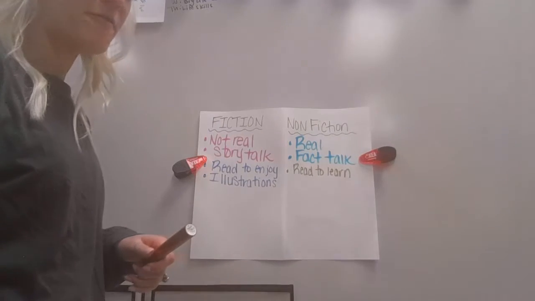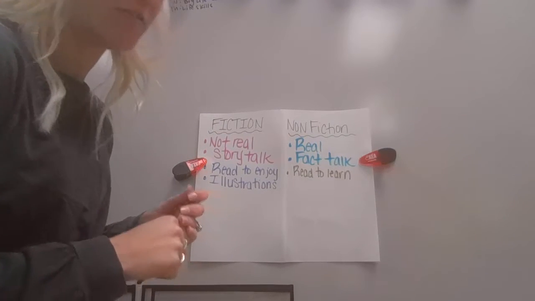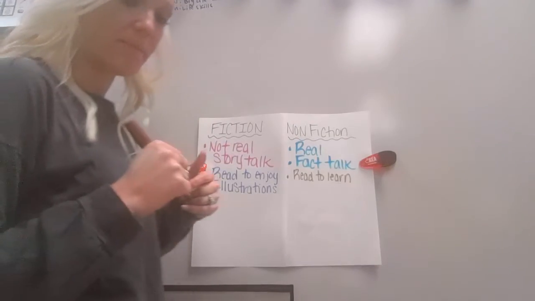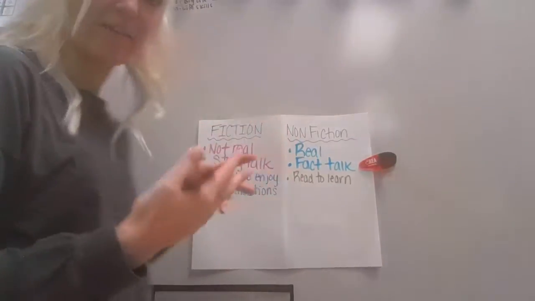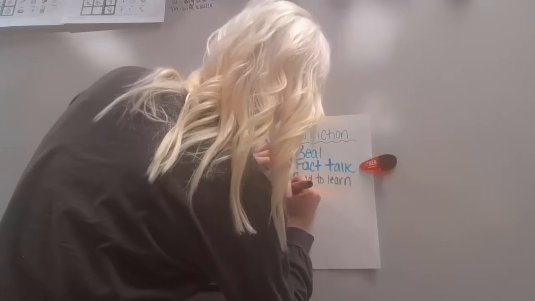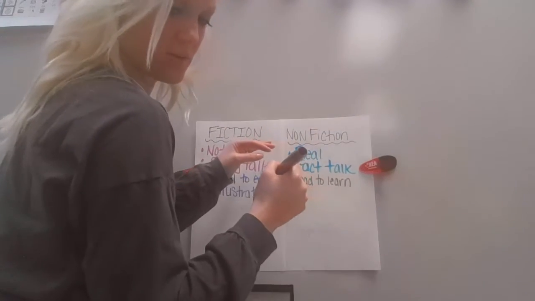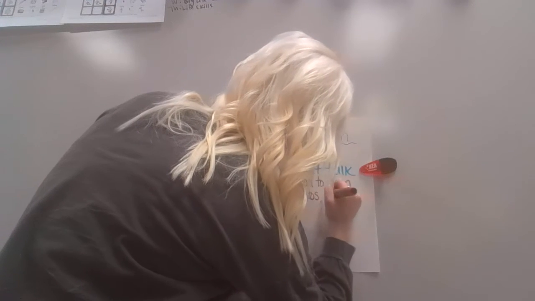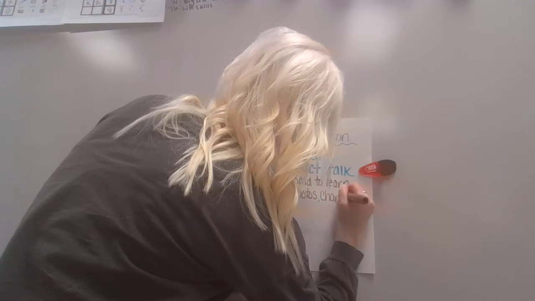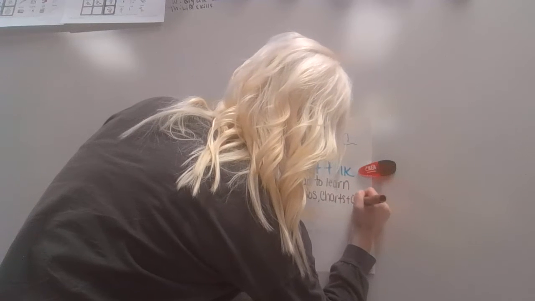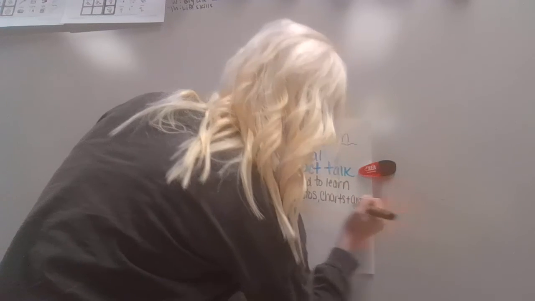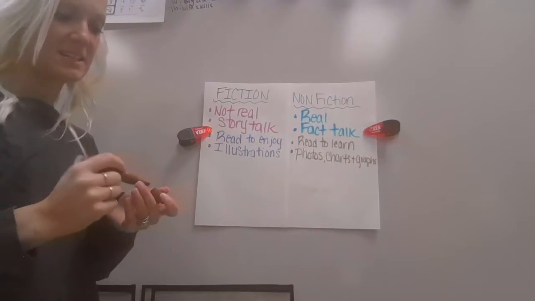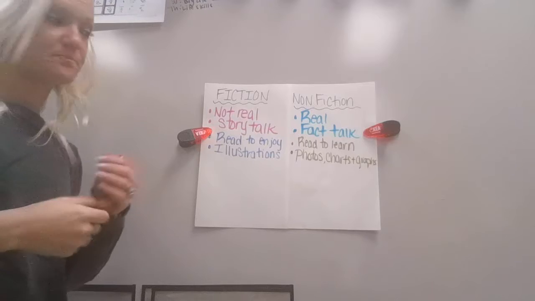And then when we talk about facts, that would be our photos, like real photos of something. Charts and graphs would also be an example. So we're going to do photos, charts, and graphs.